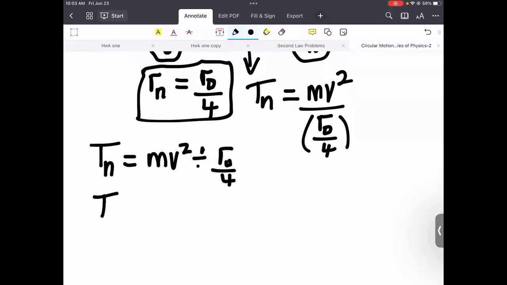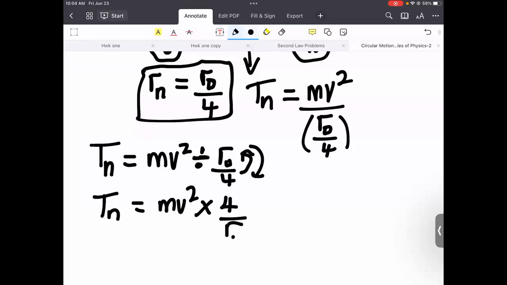We can change the division into multiplication and reverse these numbers, so we multiply by 4 over R0. That gives you 4 times mv squared divided by R0.